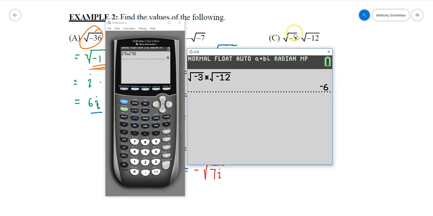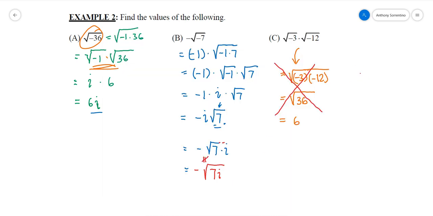I had to take care of the square root first and then do the multiplication according to my order of operations. So if I follow that logic and handle this correctly now, I know that the square root of -3, through other things I've done, I'm not going to write as many steps.